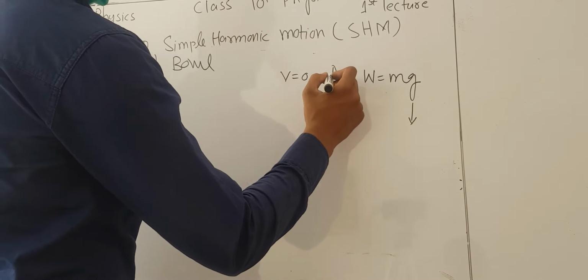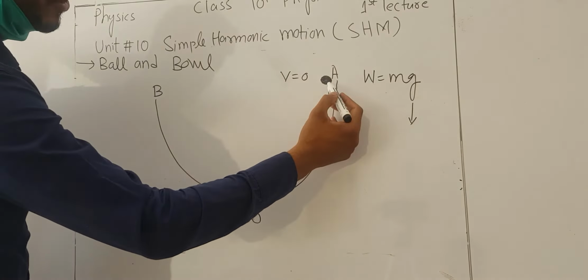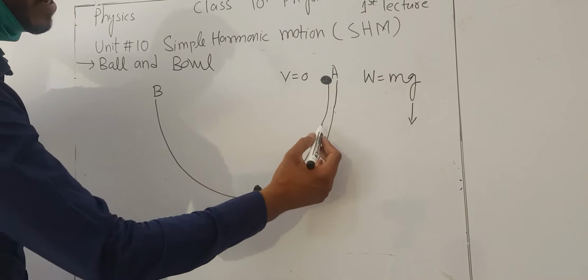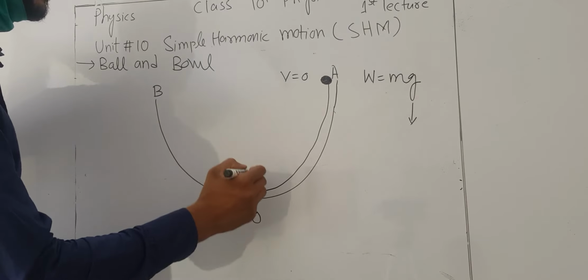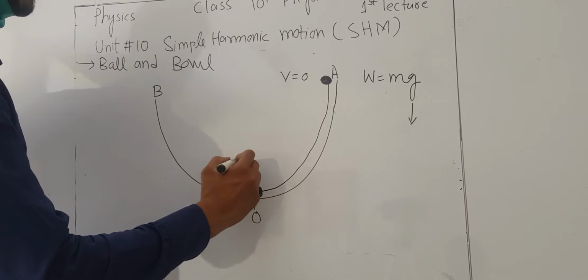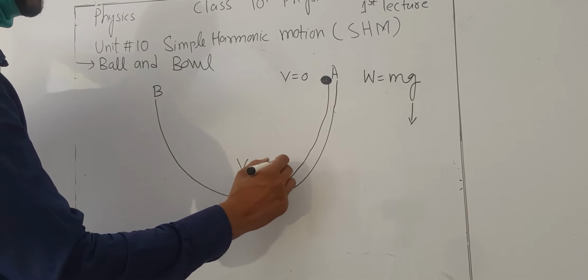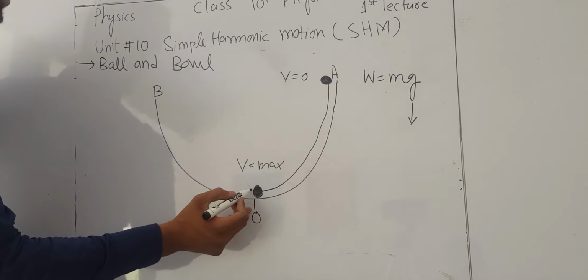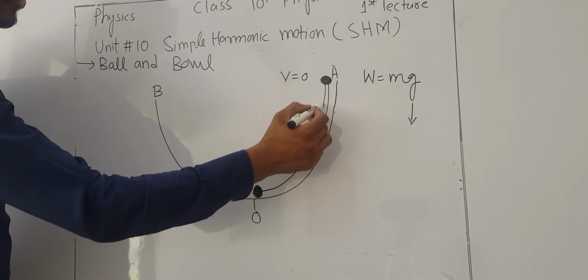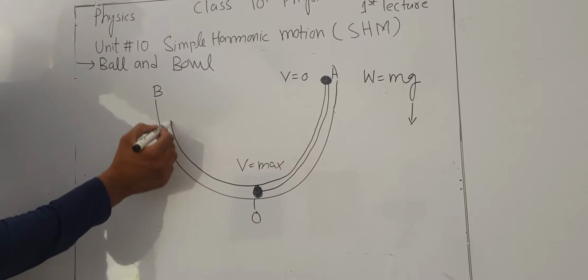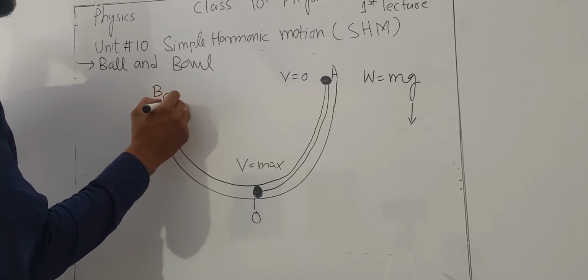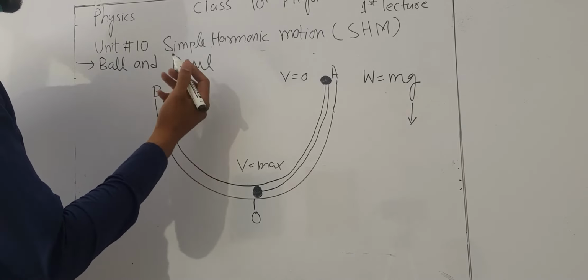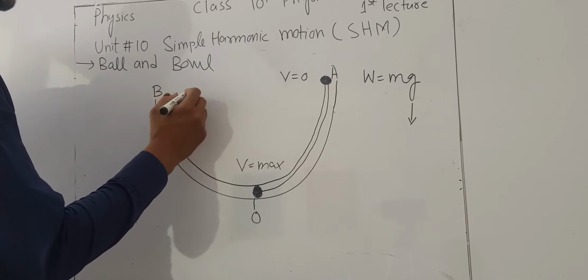When we release the ball from position A, it starts to move towards the mean position. At the mean position it has the highest velocity, maximum velocity, and it moves toward position B, where again its velocity is minimum, approximately 0.